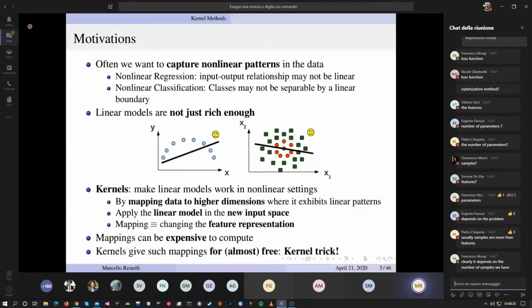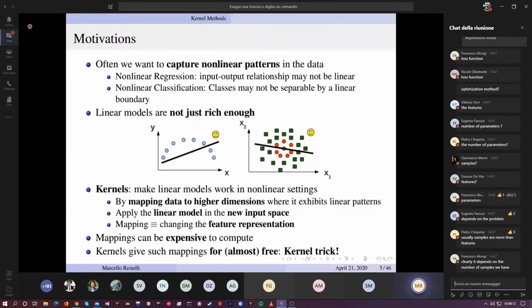So kernel methods are very interesting to consider when you would like to work in a feature space that is much larger in dimensionality than the number of samples. Suppose you have 1,000 samples and you want to work in a feature space of 1 million features. Doing this is very impractical for a parametric method, because each time you have a sample, you have to build the 1 million features, and this takes a lot of time.